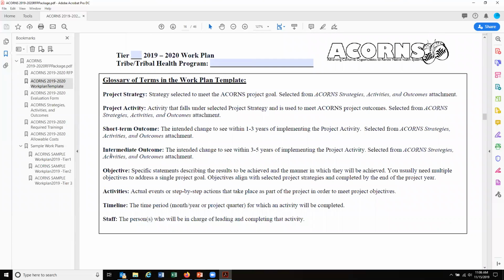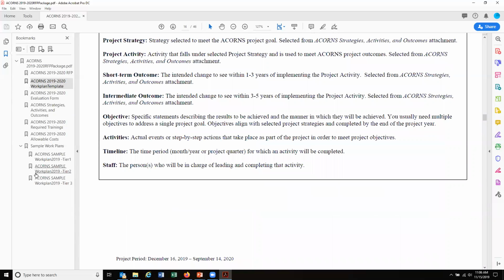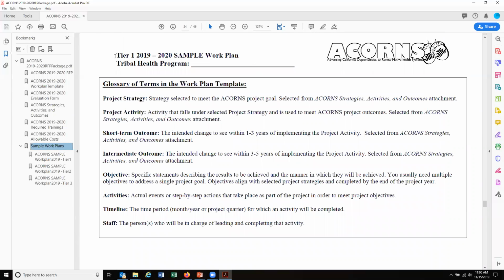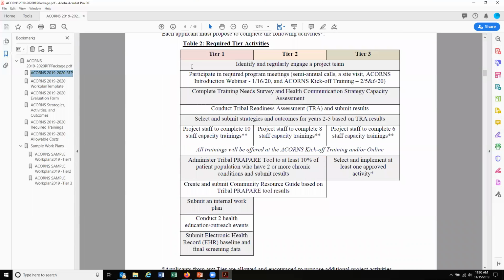In addition to this template, which is totally blank, there are sample work plans in the RFP. These sample work plans are here to help you know how to fill it out, but also because the staff is asking for a good amount of required project activities, meaning we've really filled in a good portion of your work plan already just by requiring these different things.